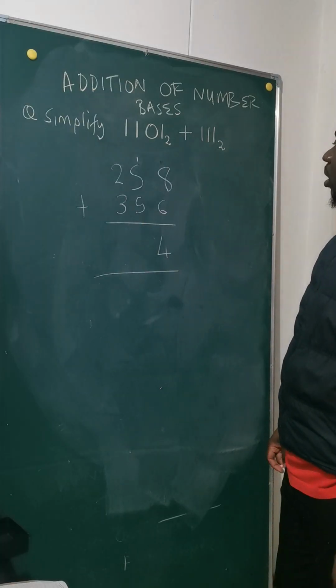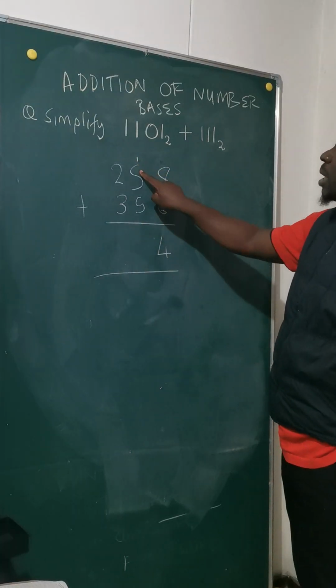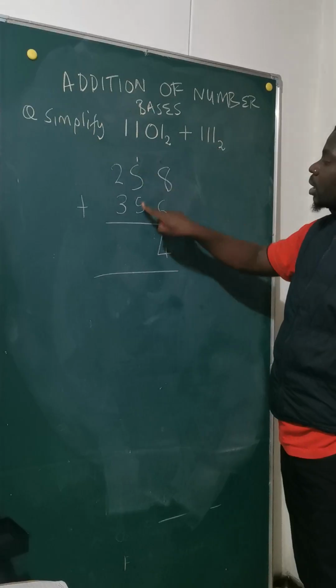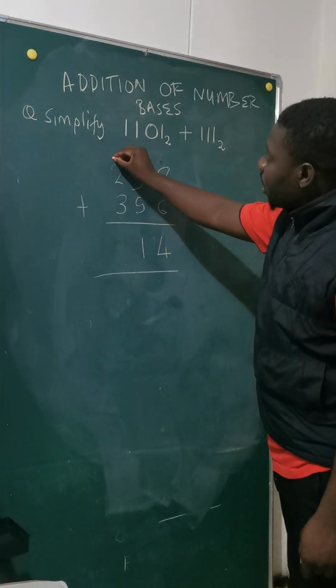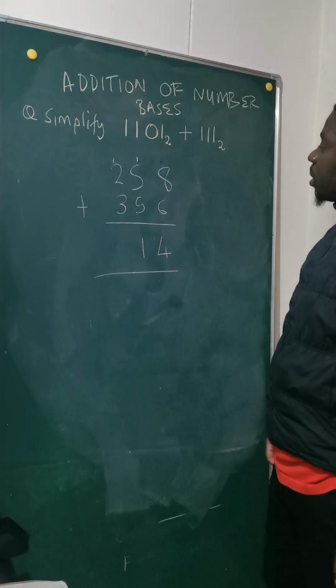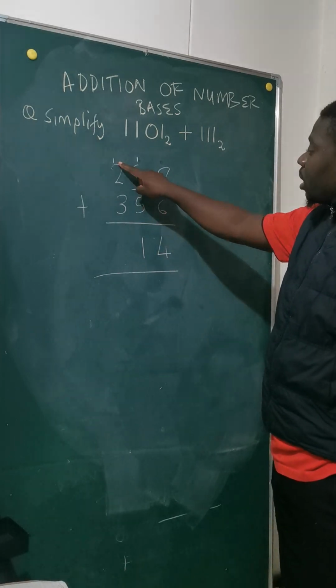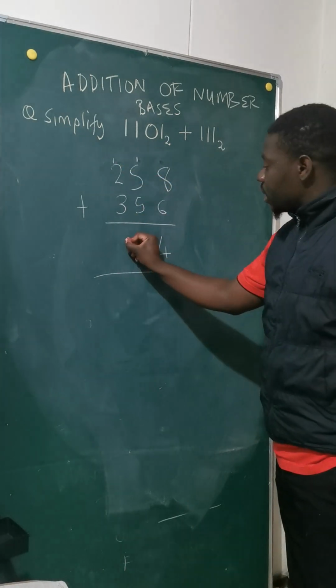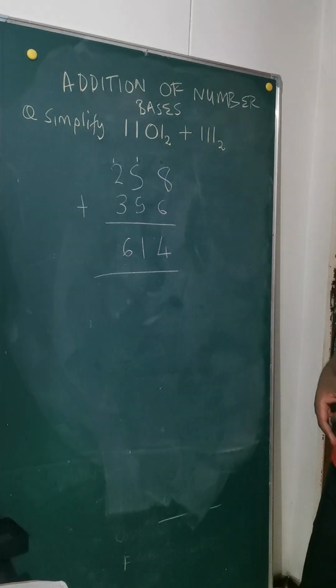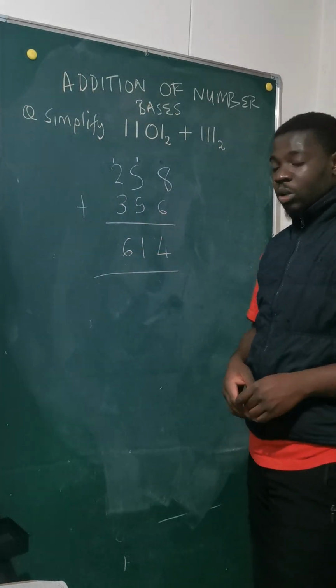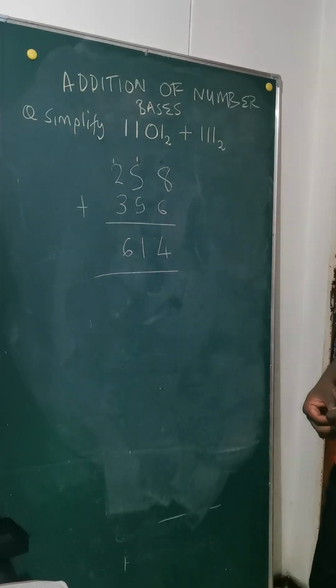Right. Then we say 1 plus 5, which is 6, plus 5, which is 11. Then we say 1, carry 1. Then we say 2 plus 1, which is 3, plus 3, which is 6. So this is what we were doing in primary school, grade 1 up to grade 7. We were adding this way.